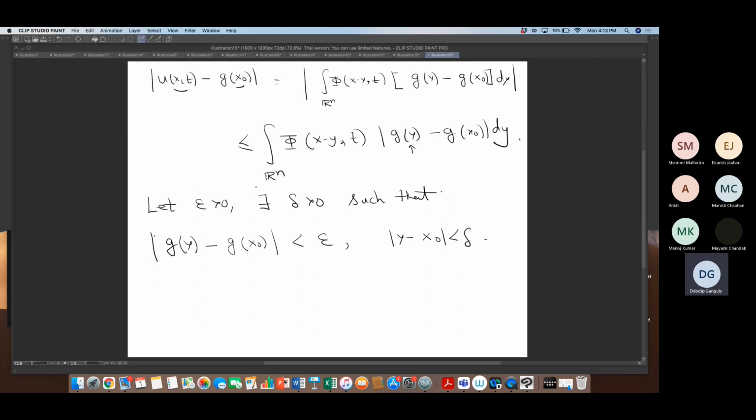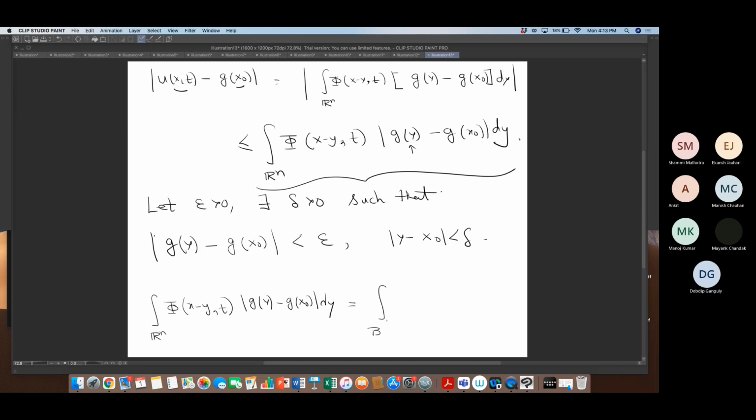So what I will write down, this integration over Rn of phi(x minus y, t) times the modulus of g(y) minus g(x naught) dy, you write down in two parts. Okay, this is a trick you should understand.